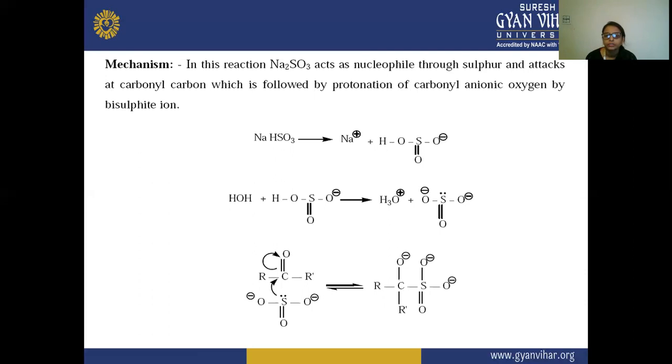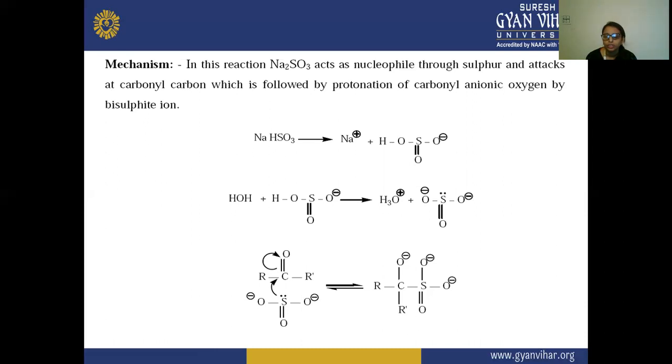So here in this reaction, the sodium bisulfite acts as a nucleophile through sulfur and attacks the carbonyl carbon, which is followed by protonation of the carbonyl anionic oxygen by the bisulfite anion. Here you will see NaHSO3. This dissociates into Na plus and HOS double bond O negative anion, and this anion then reacts with HOH, that is your water molecule, forming a hydronium ion, and SO3 is formed here.